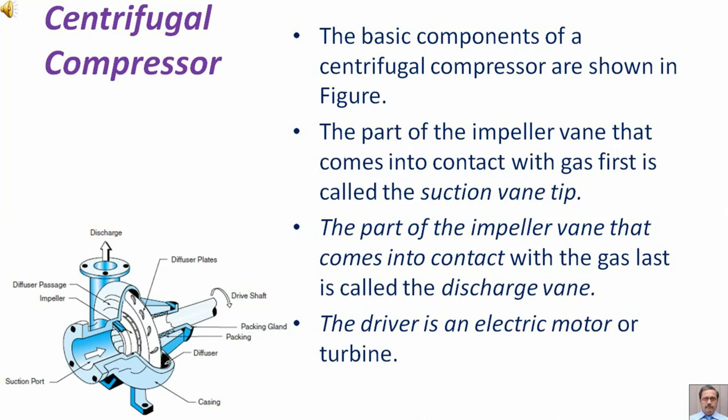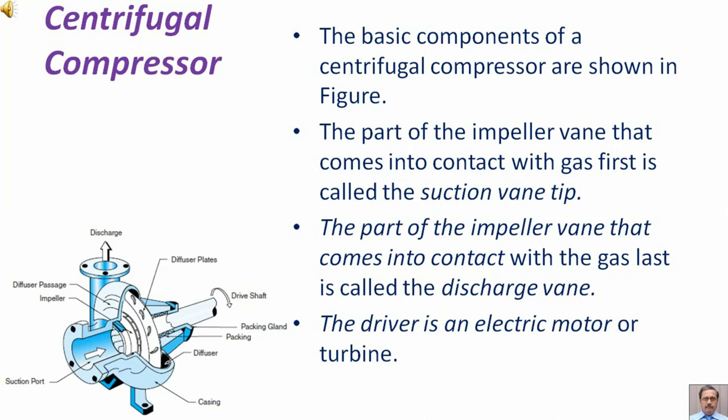The basic components of a centrifugal compressor are shown in figure. The part of the impeller vane that comes into contact with gas first is called the suction vane tip. The part of the impeller vane that comes into contact with the gas last is called the discharge vane.